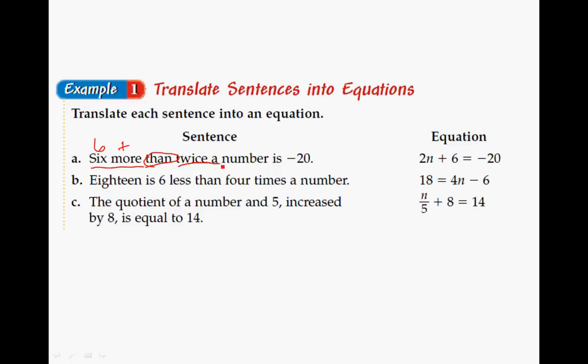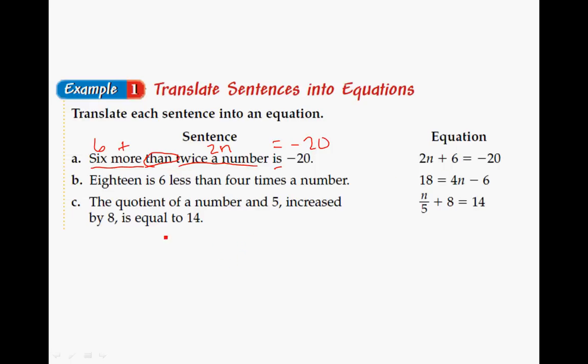Twice a number would be 2n, 'is' is your equals, and then negative 20. They have it switched around, 2n plus 6, because that word 'than' switches it around.